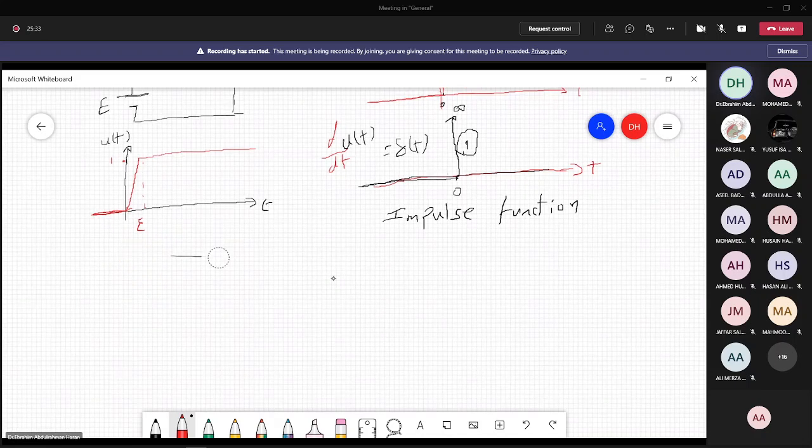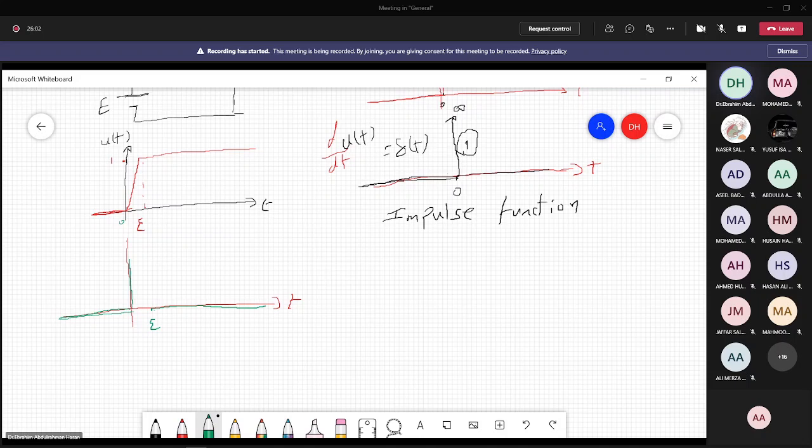Then the derivative of this one, the actual derivative. So here we have 0, 0. After epsilon, again, this is constant, so it becomes 0. But between 0 and epsilon, it's equal to the slope of this line, and slope equal to 1 divided by epsilon.